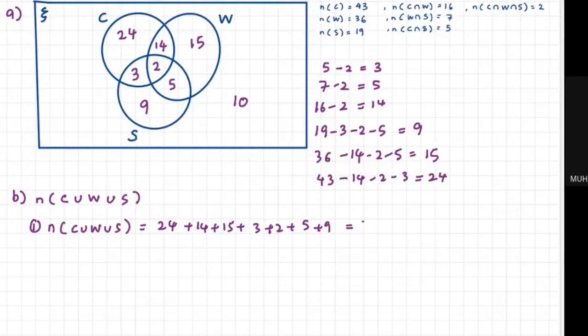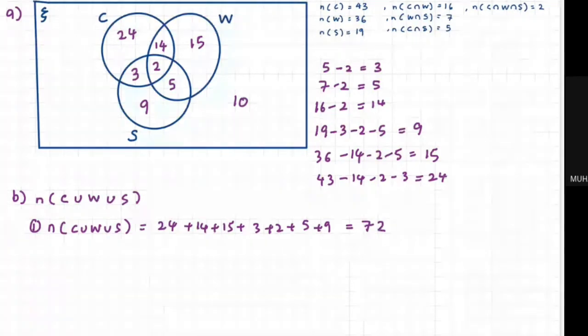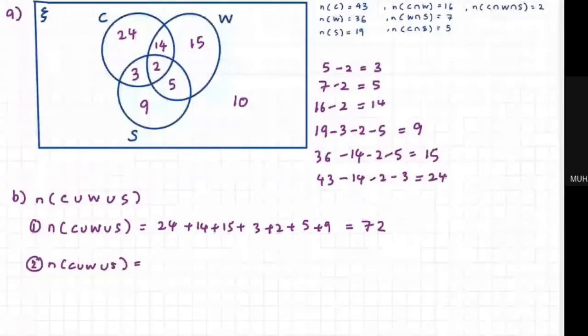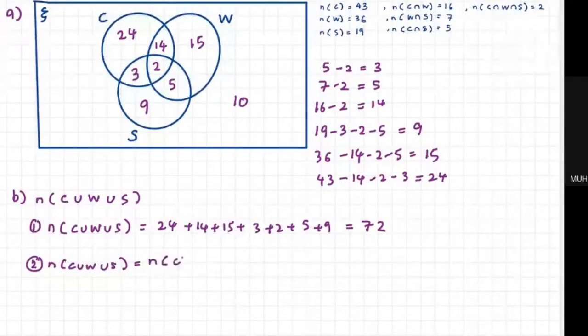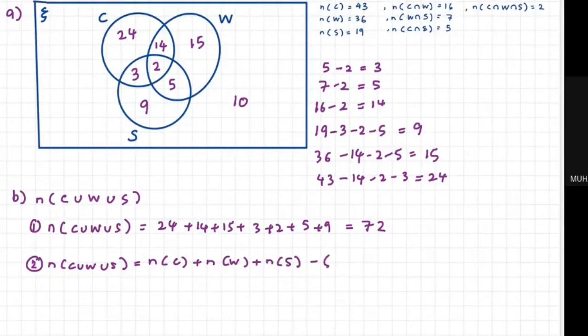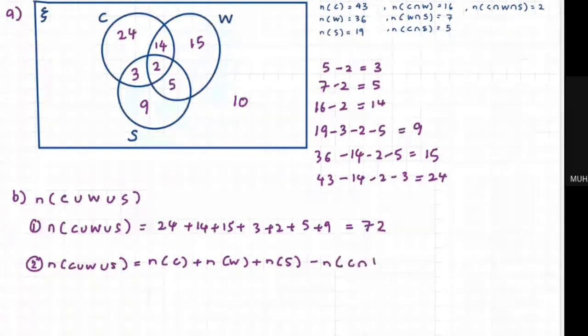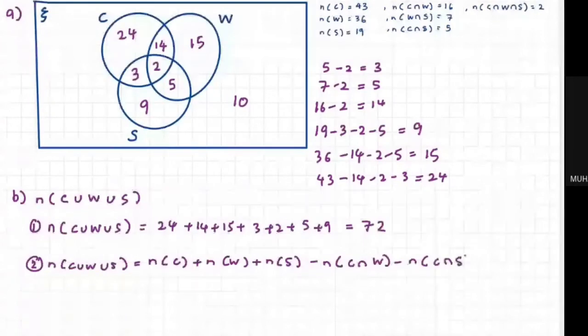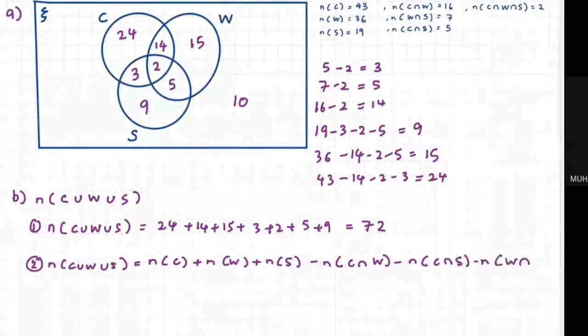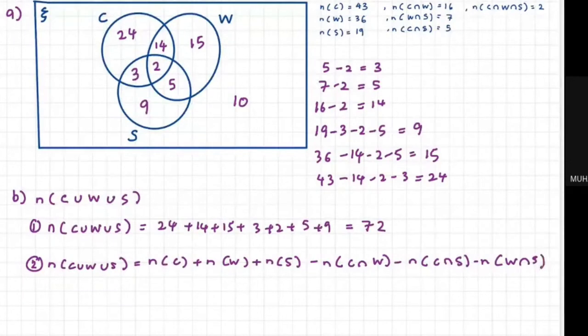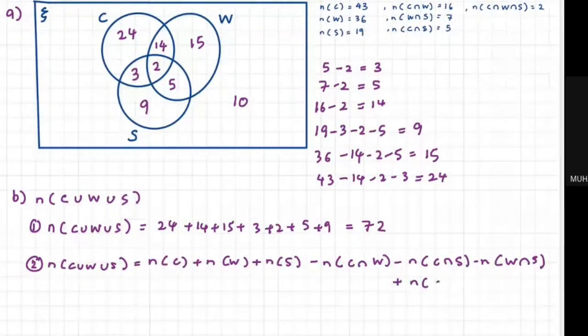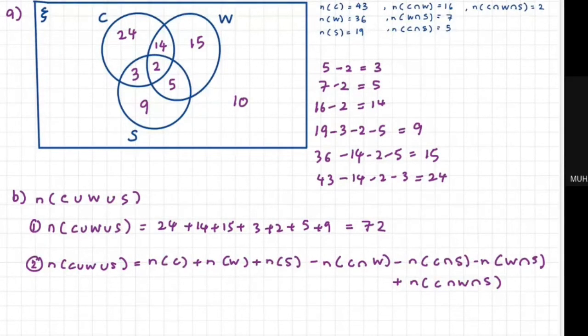72. You also can use the inclusion-exclusion principle. Okay, if you still remember, the number of elements of C plus the number of elements of W plus the number of elements of S, minus the intersections C intersect W, C intersect S, W intersect S, and then plus C intersect W intersect S. Okay, this is the inclusion-exclusion principle.